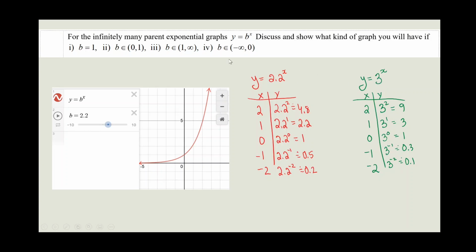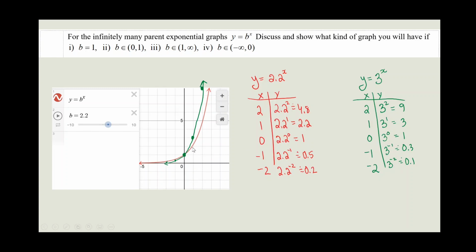Again, this base is above 1, so it matches this category. Choosing any x's we wish, some positives, some negatives, and a 0, we get these results. If you were to plot them, we get this graph right here.